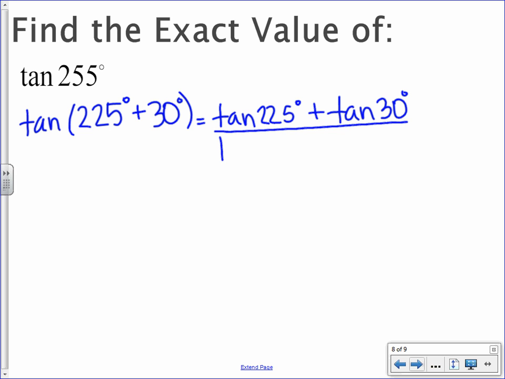Since we already used addition, we're going to use subtraction, tangent of 225, tangent of 30. What is the tangent of 225? 1. Okay. It would be positive because it's in the third quadrant. Plus the tangent of 30.